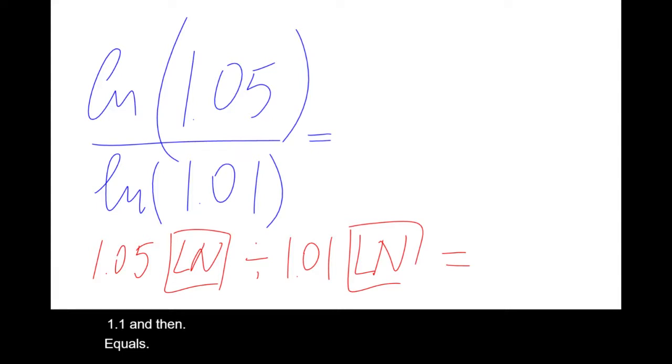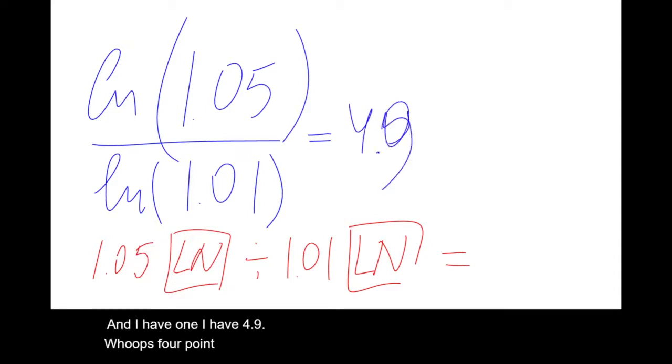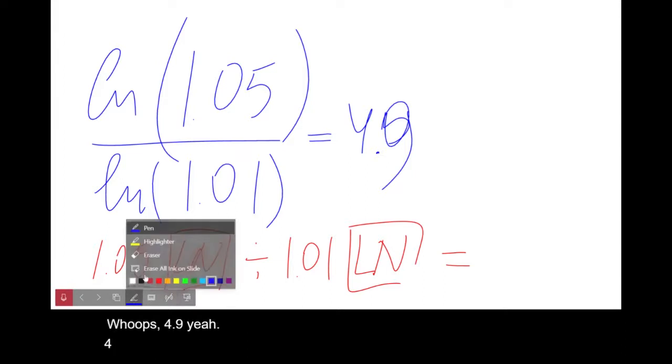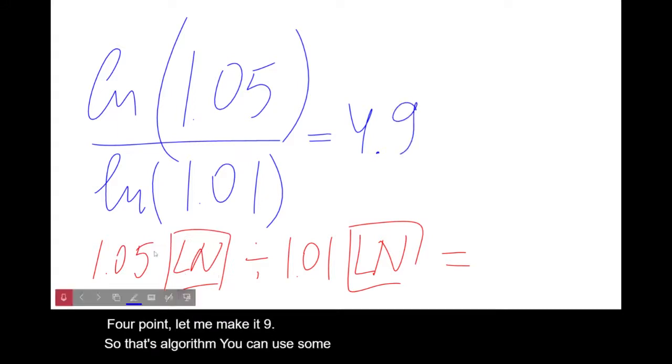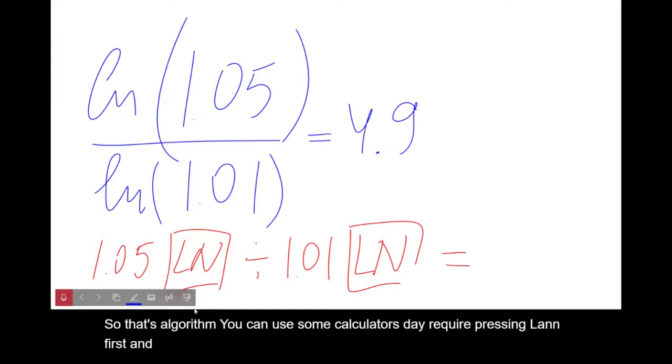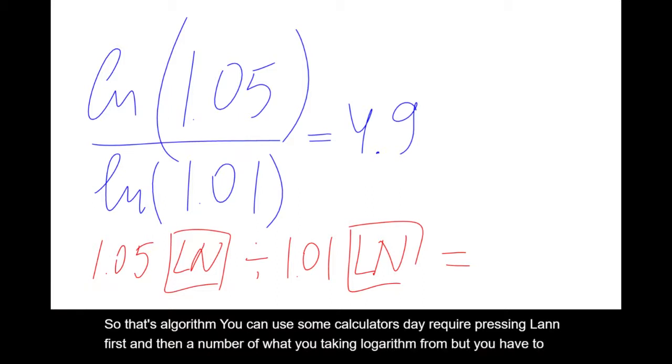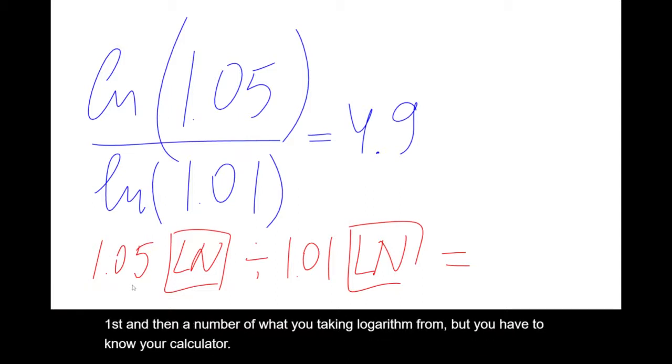And what I have is 4.9. So that's the algorithm you can use. Some calculators require pressing ln first and then the number you take the logarithm of. But you have to know your calculator. Okay, did I answer your question?